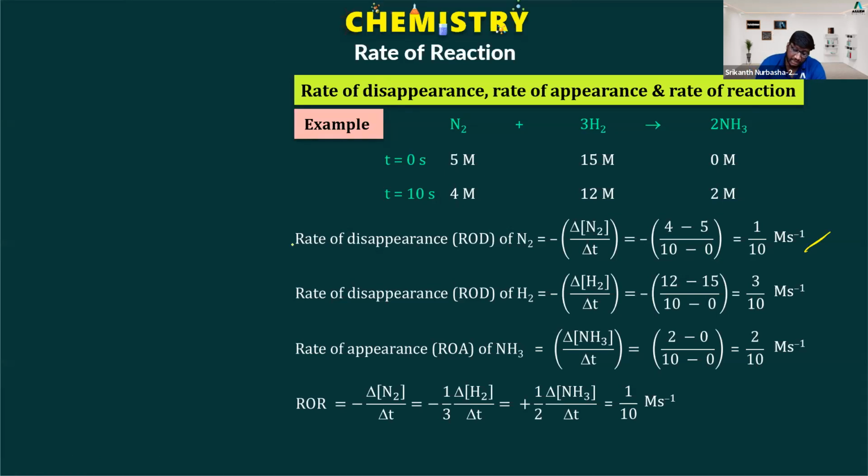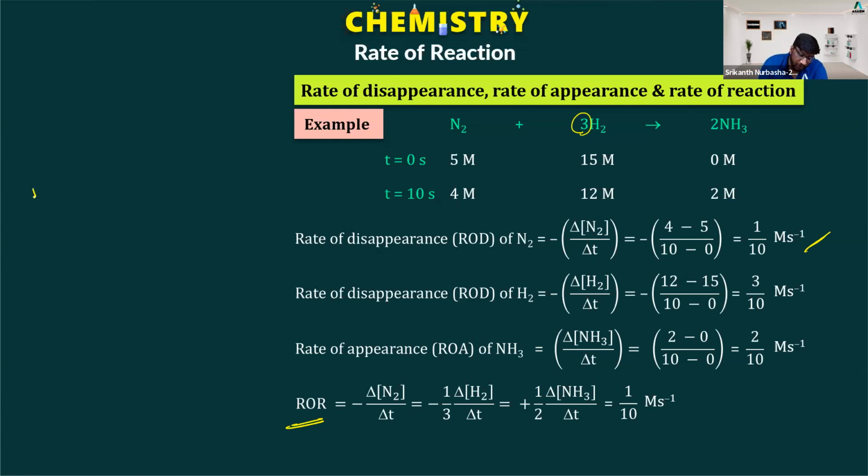Understand this. In the rate of disappearance of any reactant or rate of appearance of any product, we will not be having any stoichiometric coefficients. It's just a change in concentration by time required for that change. But whenever we have a rate of reaction, it is equal to minus of change in concentration of N2 by delta t, that is equal to minus 1 by 3, because whatever the stoichiometric coefficient we have before H2, that you have to write in the rate of reaction, because with respect to 1 mole of reactant, how the reaction is happening, that you have to find out.